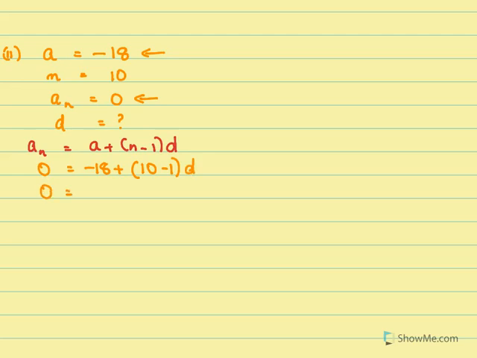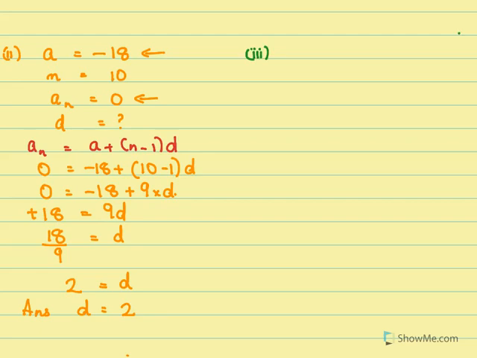So 0 equal to minus 18 plus 9 into d. Minus 18 on this side becomes plus 18 equal to 9d. So d equal to 18 over 9, and the common difference d is equal to 2.